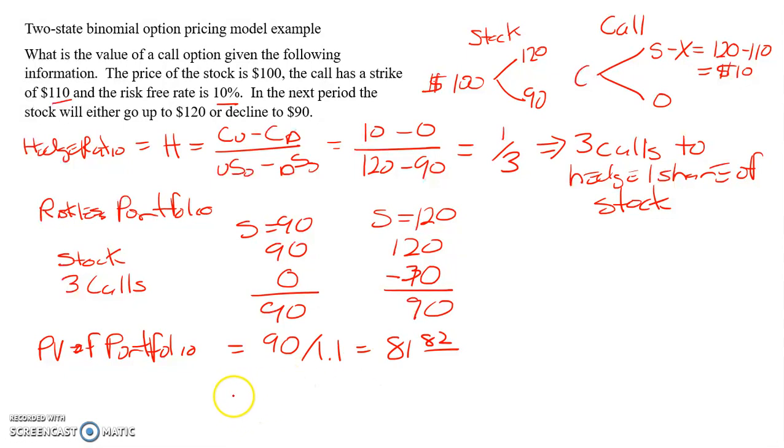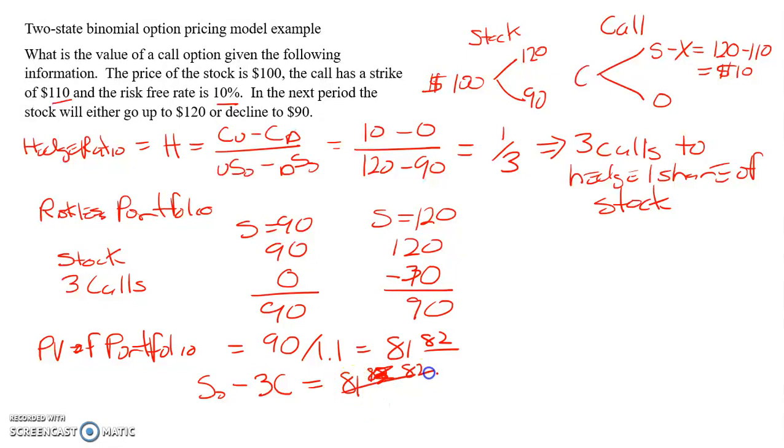The present value of our portfolio has to be equal to our stock and 3 calls, so S0 minus 3C, our beginning price minus the 3 calls, has got to equal 81.82.